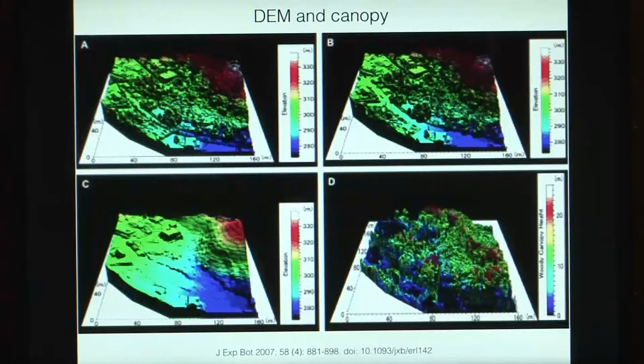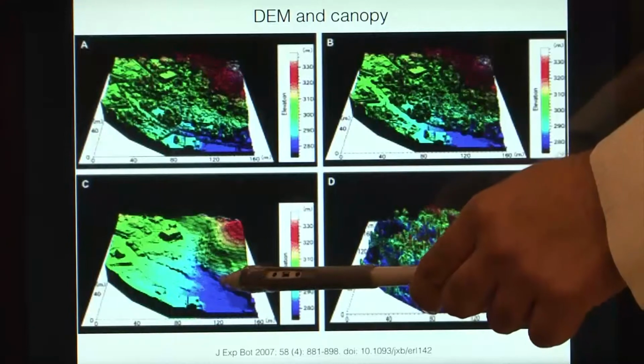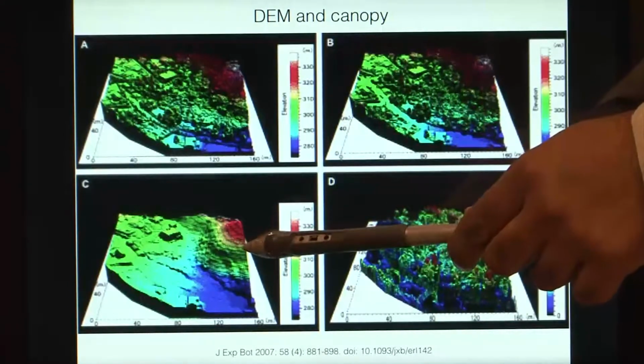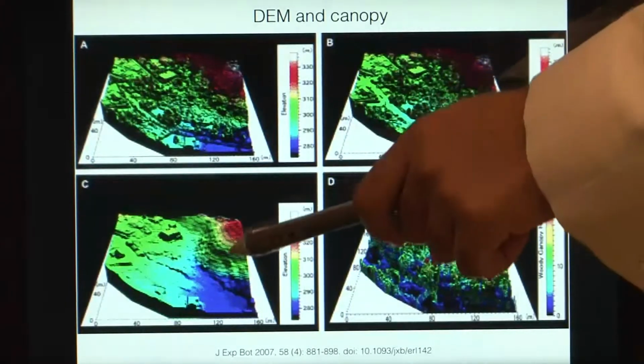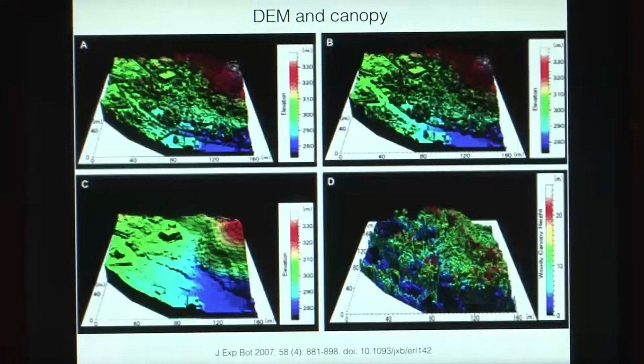Here we are seeing DEM and canopy. Now, DEM stands for digital elevation model. On this slide in figure C, what we are seeing is the bare ground surface. So, we are using those wavelengths that either do not interact with the trees, or we are only using those radiations that are coming from the ground, and then we are patching up the gaps in between.